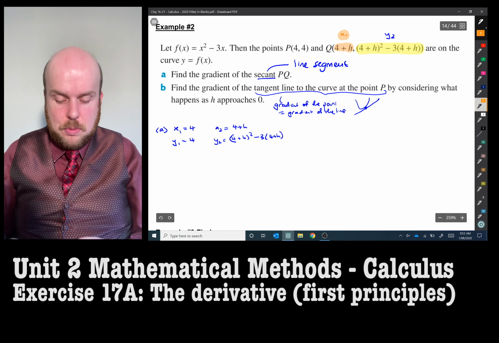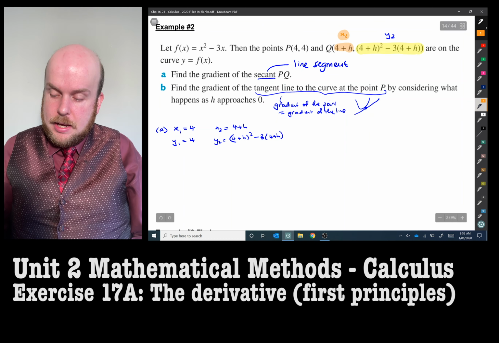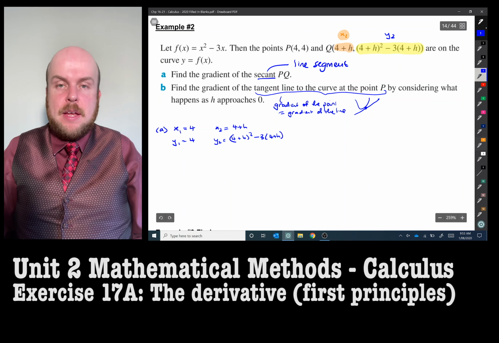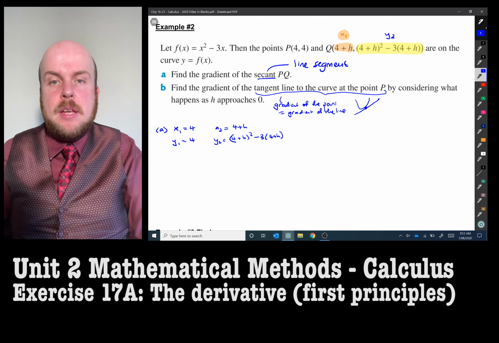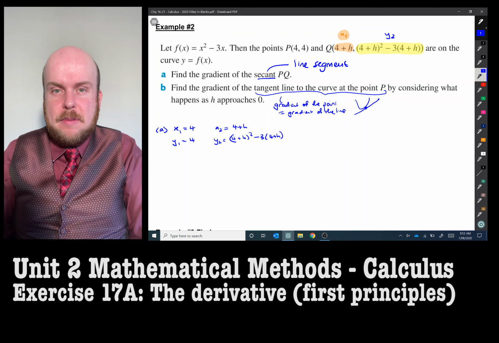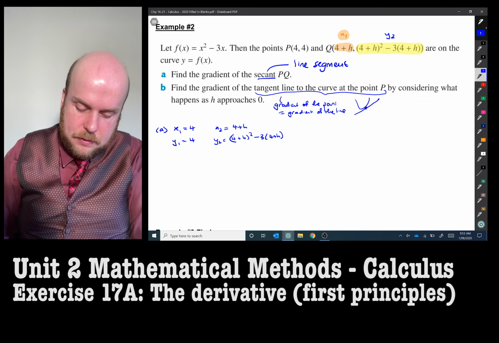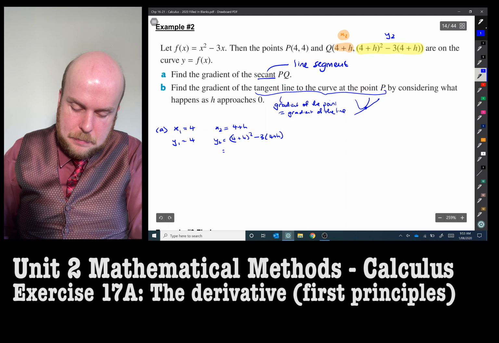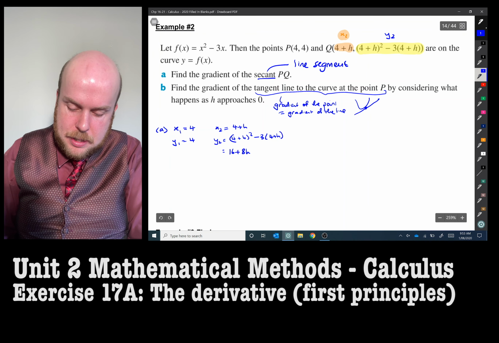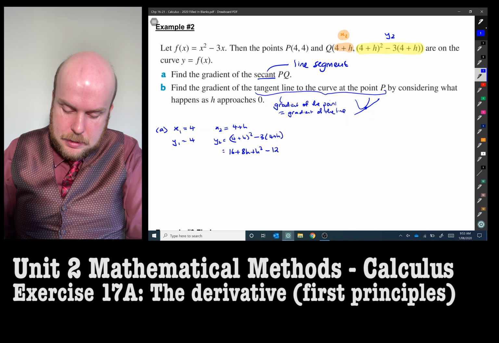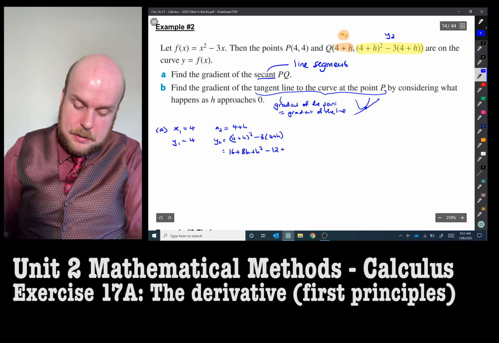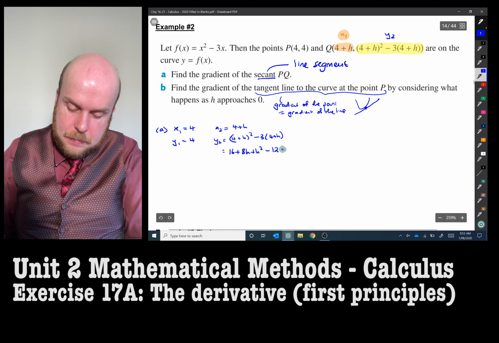They misread those coordinates. Now, I'm not a fan of this as much as I do like to have things factorized, doing this is best done when everything is not factorized. So I'm just going to put 16 plus 8h plus h squared minus 12, oh no, that's going to be a minus 3h.